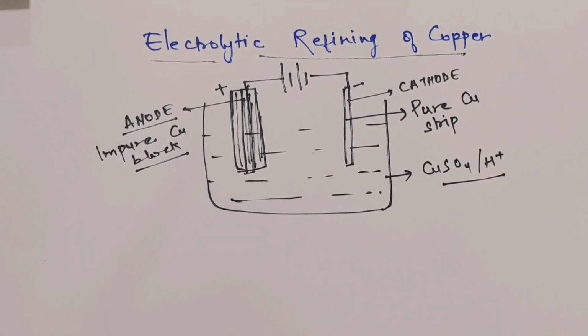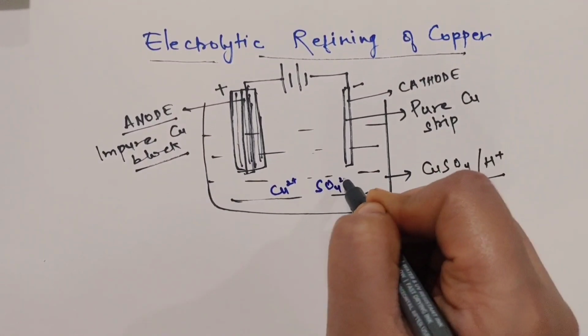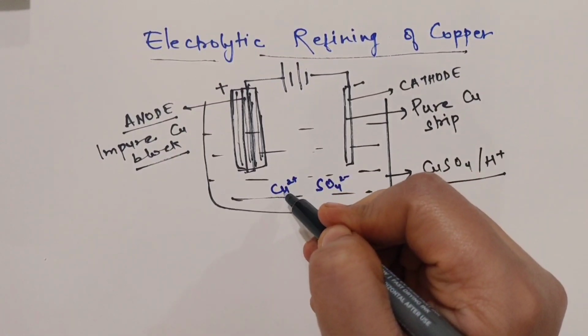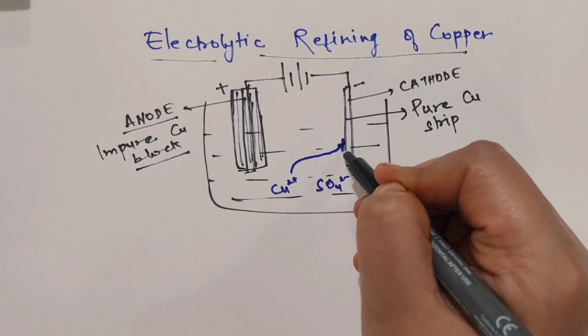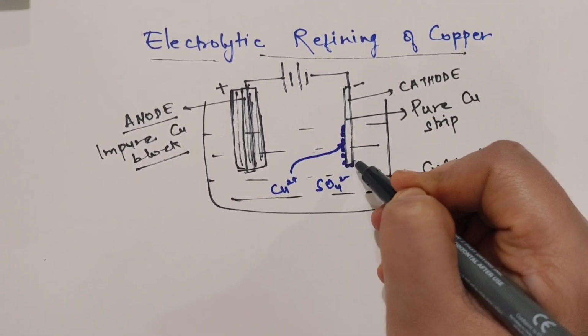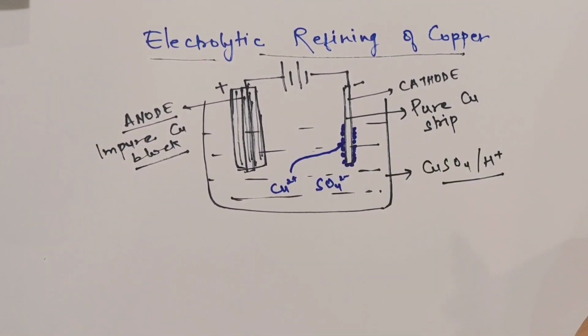Now we have copper here and sulfate. So what will happen when the electricity is passed is that this copper 2+ ions will go and get reduced here. They will accept electrons from the negative terminal, from the negative electrode, and will become copper solid and will get deposited here.